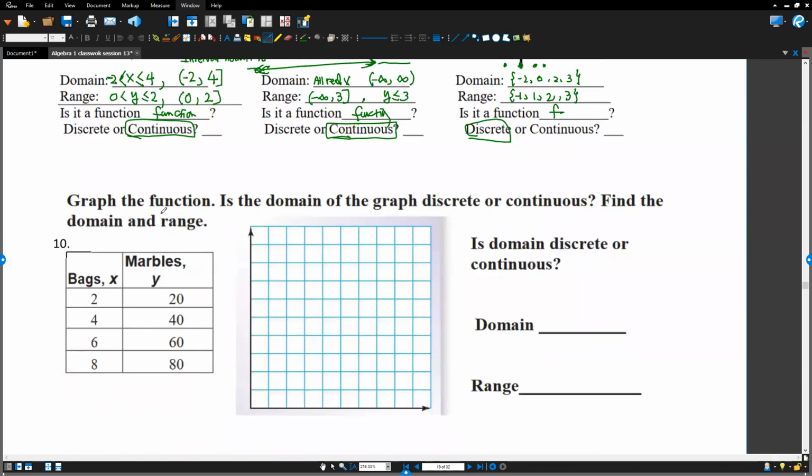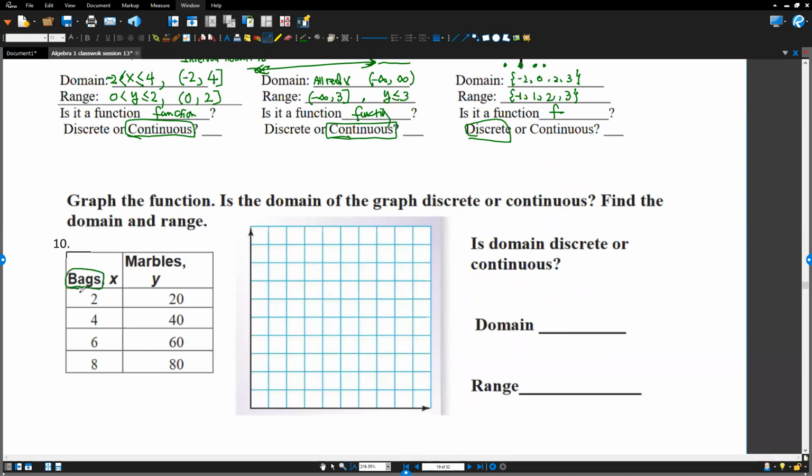Okay, take a look over here. Graph the function. Is the domain of the graph discrete or continuous? Find the domain of it. Number of bags is x. Number of marbles is 20 per bag. Bags is only 2, 3, 4. There's no 1.5 bags. There's no 1.2 bags. That is discrete.